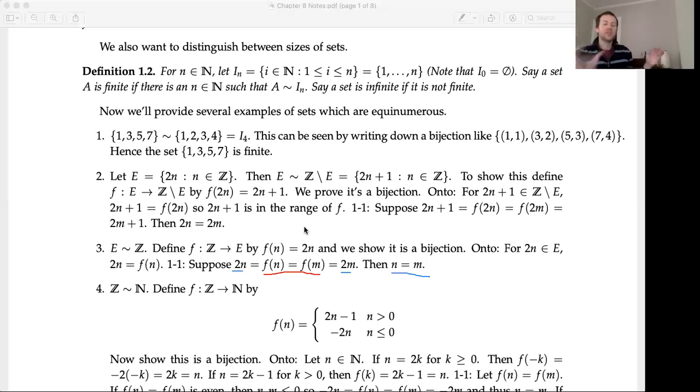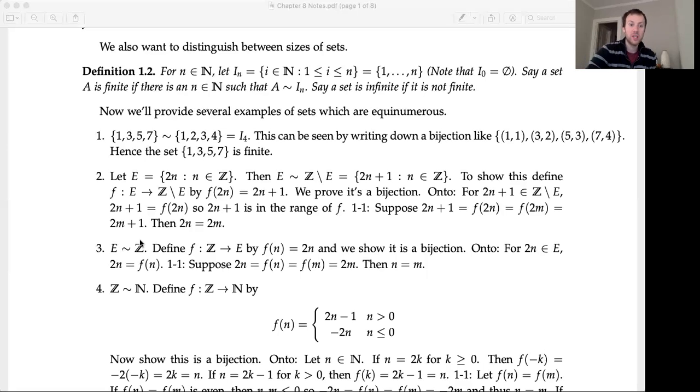So a big part of first understanding what equinumerous means is really you're showing a lot of things are bijections. And that's something that we at least have done before. So given this function, showing it as a bijection is not difficult. What is kind of weird is that this is saying that even numbers and all the integers have the same size.